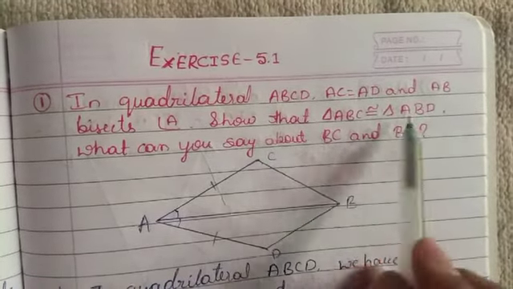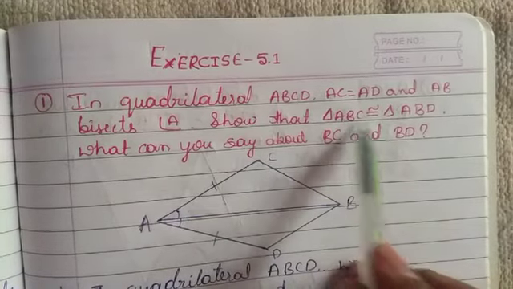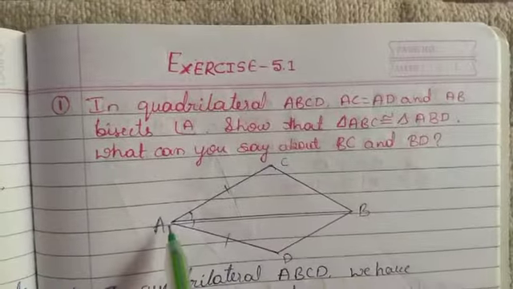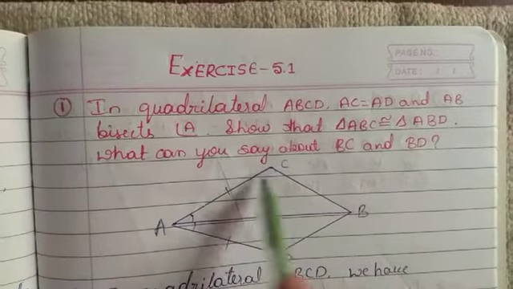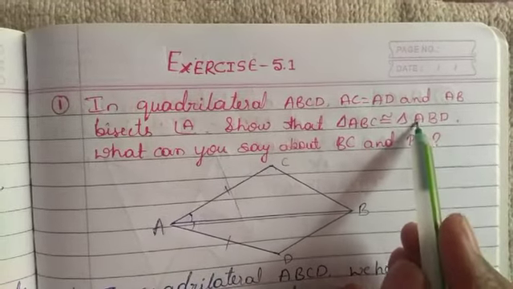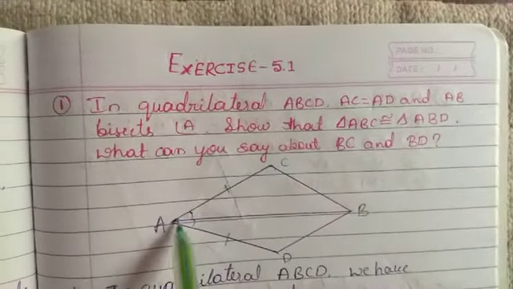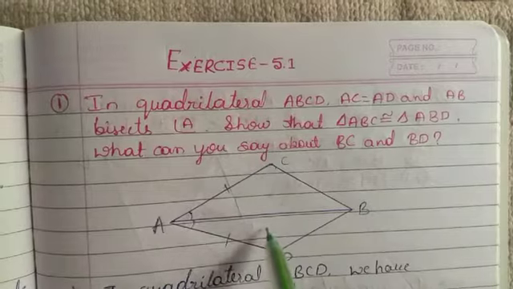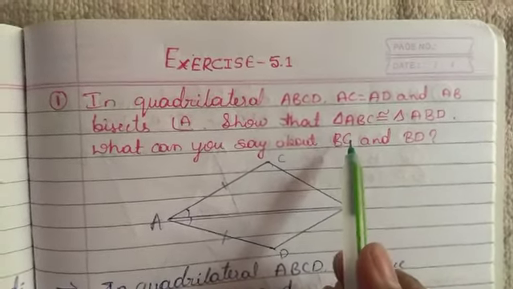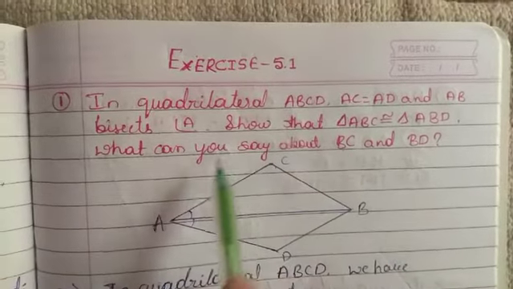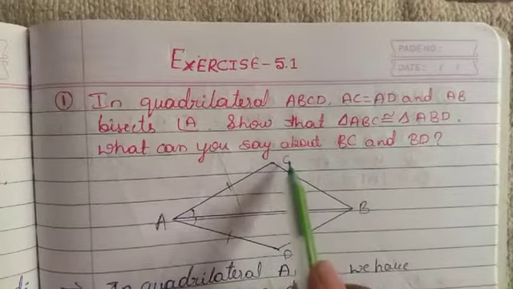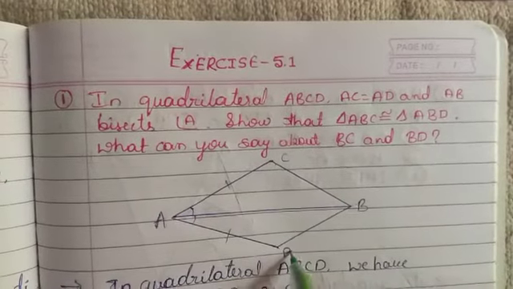We want to show that triangle ABC is congruent to triangle ABD, meaning this part is congruent to this part. These two are congruent to each other, and also you want to check the relationship between BC and BD. See here, this BC and BD.